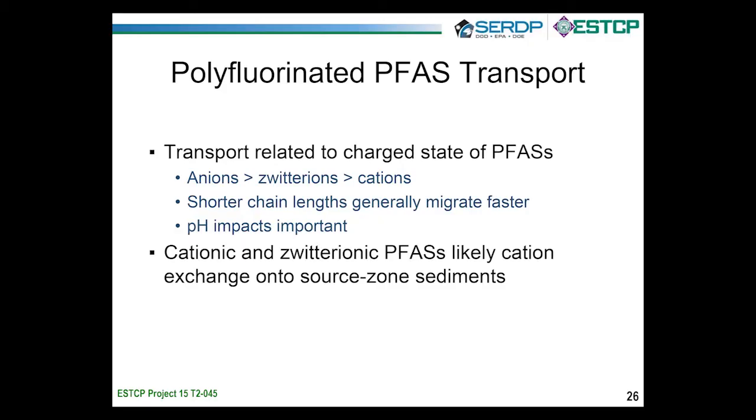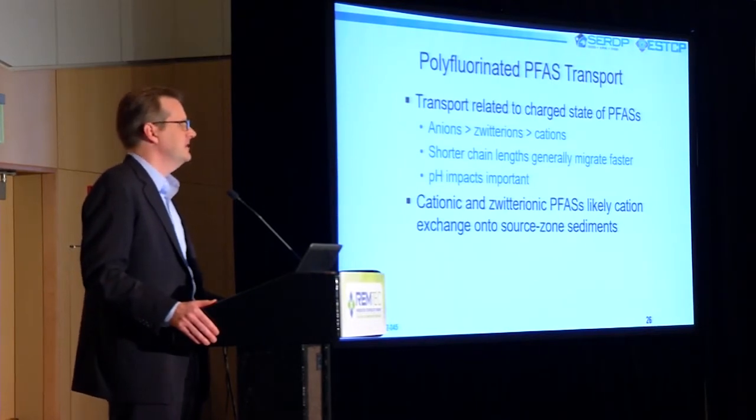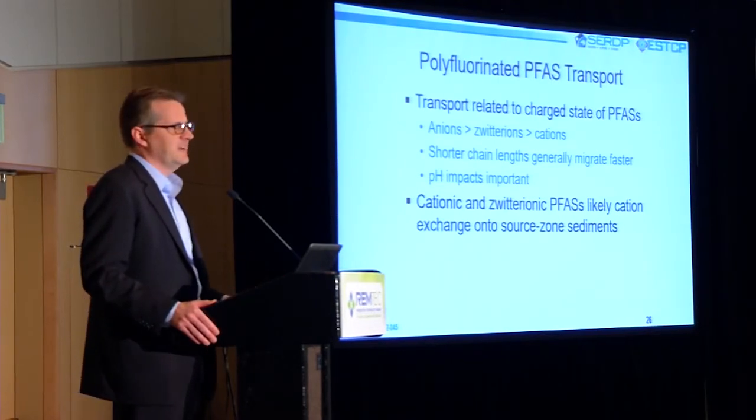What's interesting is that we have not nearly studied as much the transport of these polyfluorinated compounds. And what makes them more interesting than the perfluoroalkyl acids is that they are not just anions, there are also zwitterions and cations. And that's going to lead to differential transport and different mechanisms responsible for the retardation of these compounds. The presumption is that the shorter chain length compounds will generally be transported faster and migrate faster than the longer chain length compounds, and that we expect some pH effects as well, particularly not just for the anions, but for the cations.